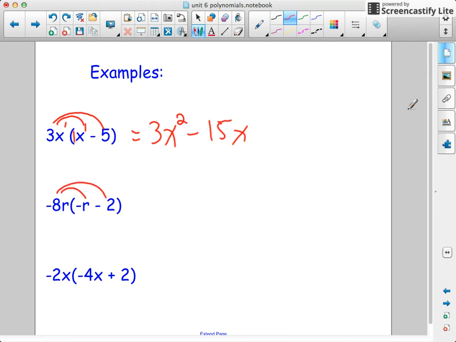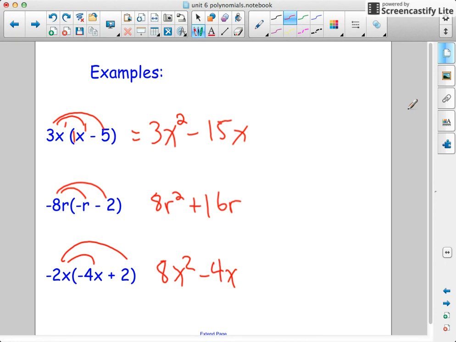For this one here, negative 8r times negative r would be a positive 8r squared, and negative 8r times negative 2 is positive 16r. And finally, this would be 8x squared minus 4x.